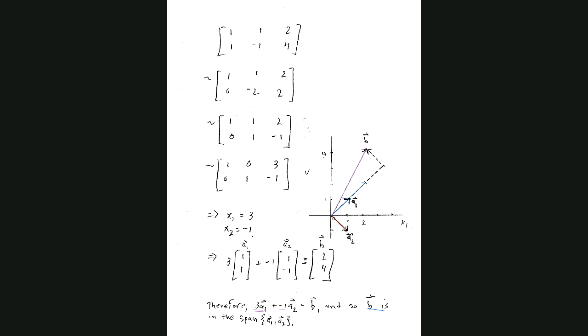How many a1s have I done? This is a1. That's 2 a1s. Then now I have how many a1s? Three a1s, plus a negative a2. Well, this is a2 right here, separate from the picture.